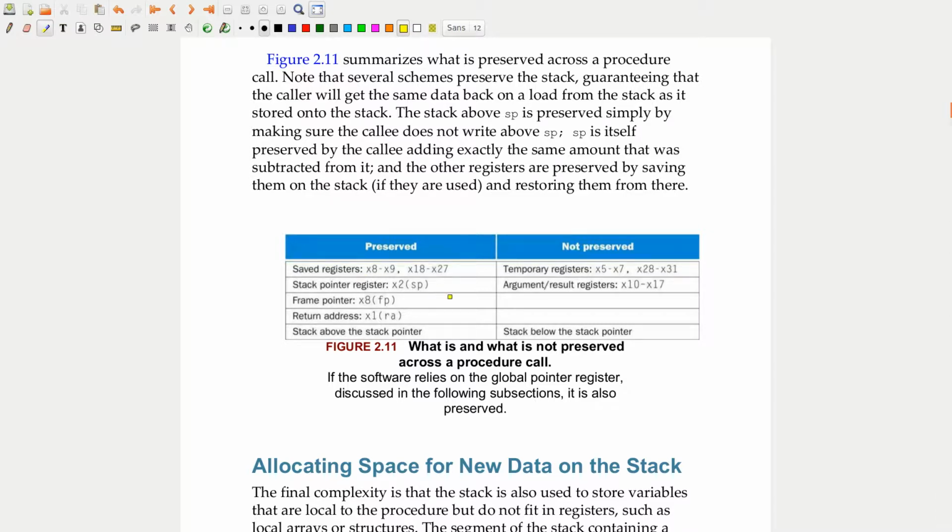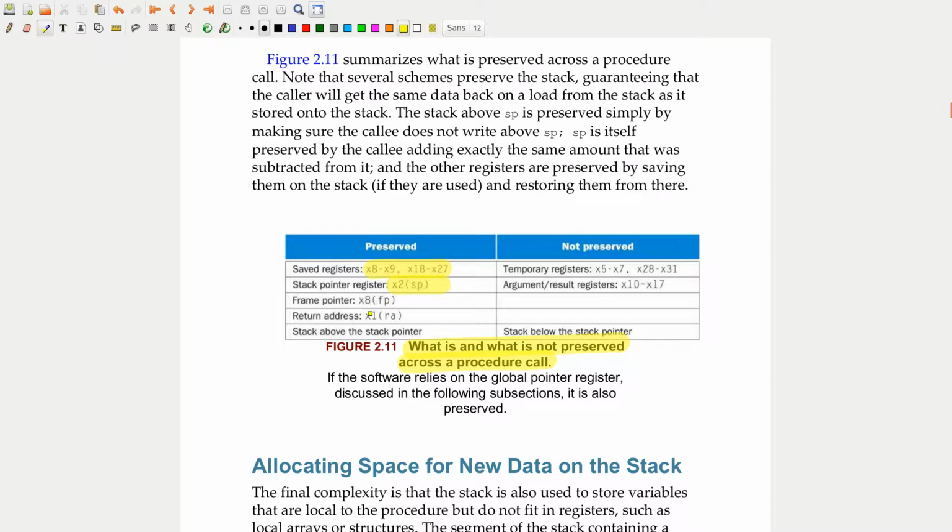And so here we have something that, whenever you start doing any type of assembly programming, is very important to look over. Whenever you're calling procedures, you need to know what is preserved and what is not. So there are saved registers. Those are going to be preserved. There's the stack pointer register.